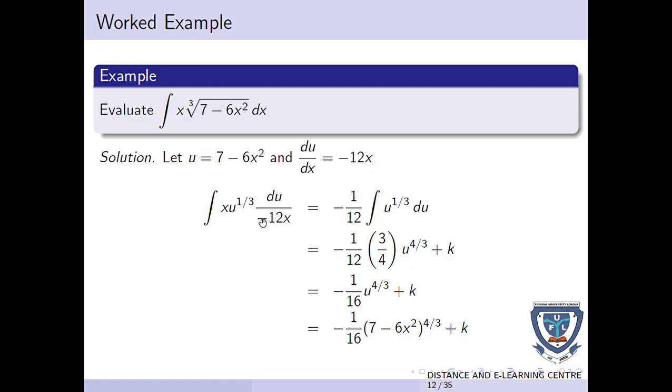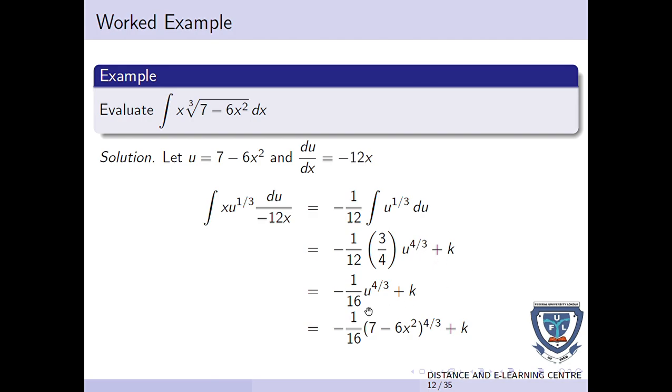So you're going to have minus 1 over 12 the integral of u raised to the power of 1 over 3 du after simplification. And when you carry out the integral, you're going to have minus 1 over 12 times 3 over 4 u raised to the power 4 over 3 plus k.